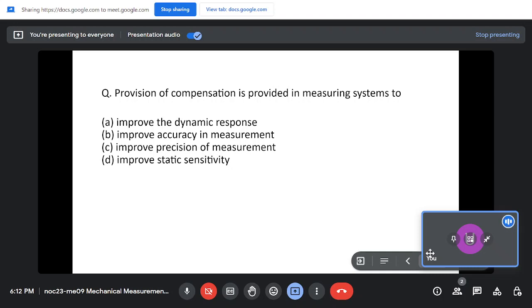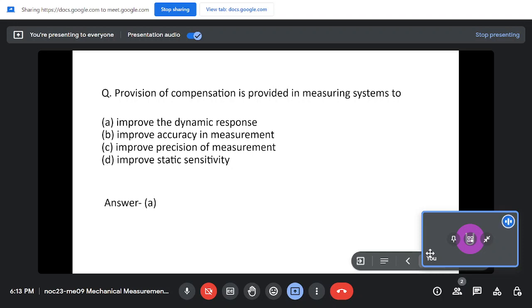So compensation is used in a measuring system to account for what? The answer is A, improve the dynamic response.